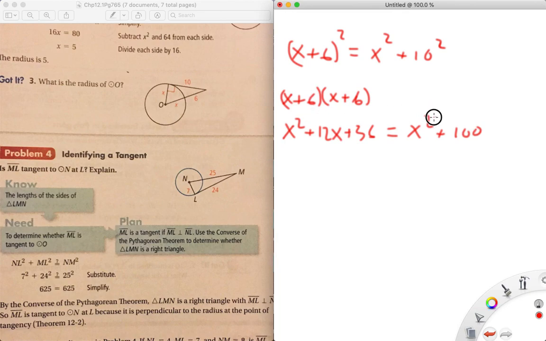The x squareds cancel out. Subtract 36 from both sides. We have 12x is equal to 64.